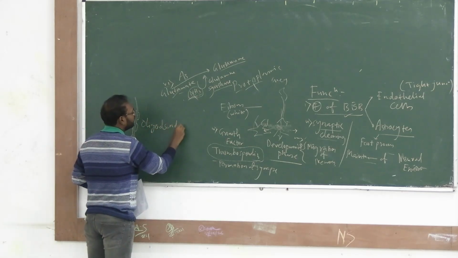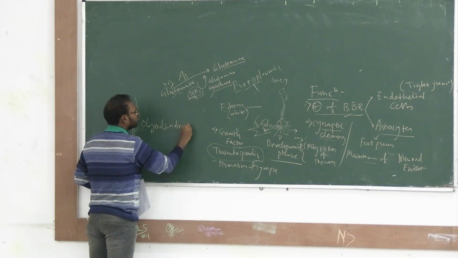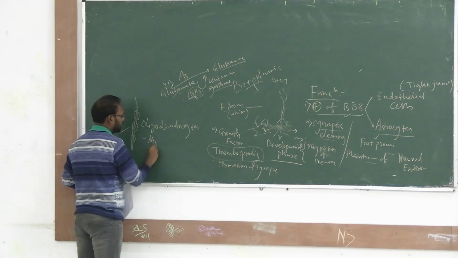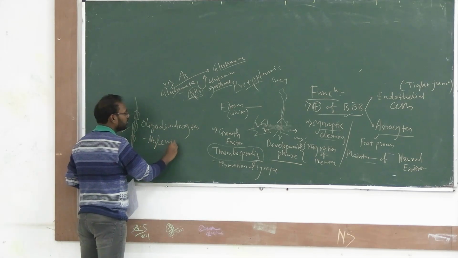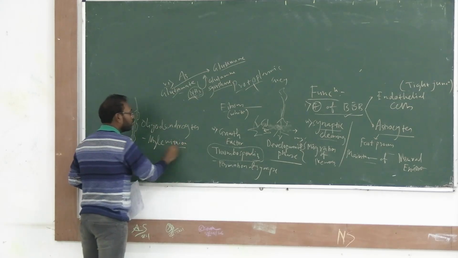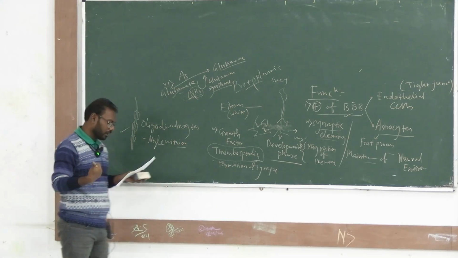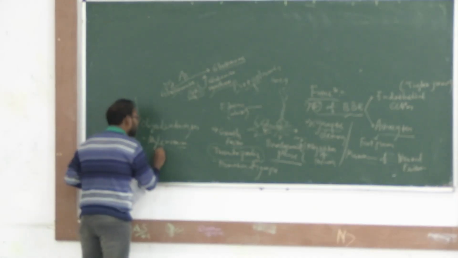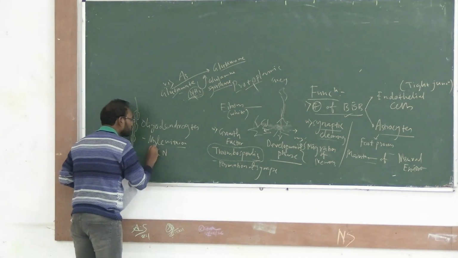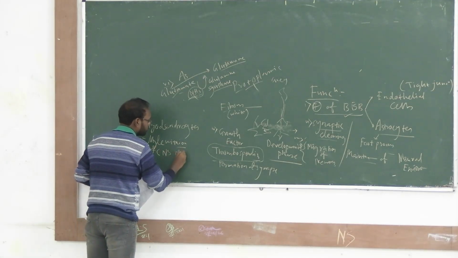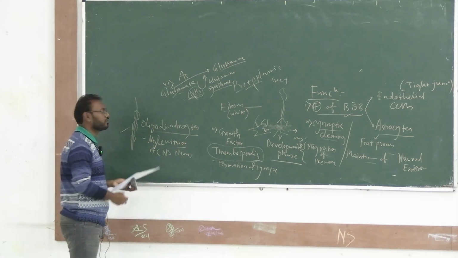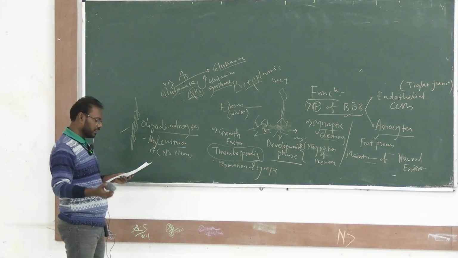So very important, they help in myelination not of the peripheral nerve fibers but of the central nervous system nerve fibers. That means myelination of CNS neurons. That is the main and only important function of oligodendrocytes.